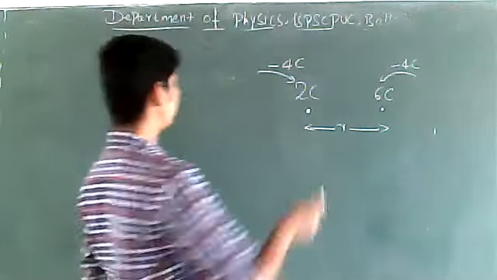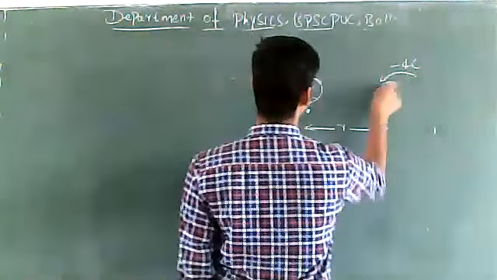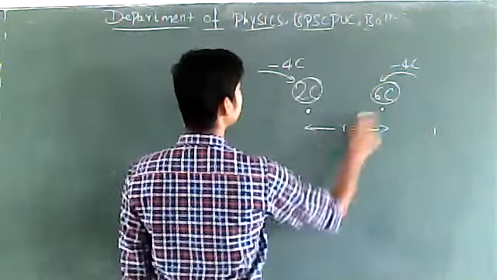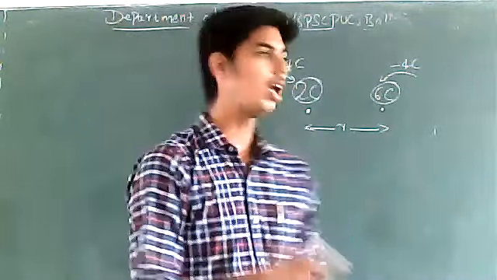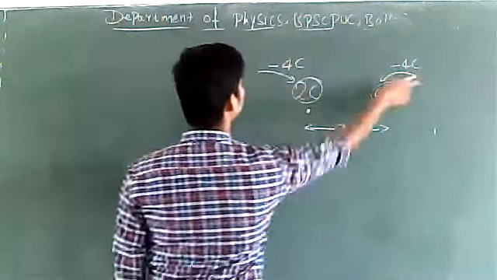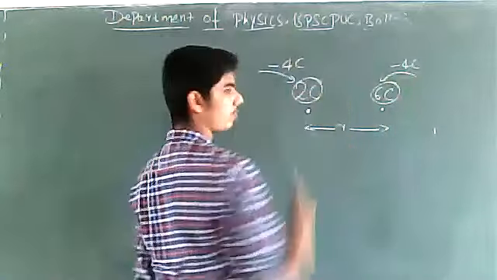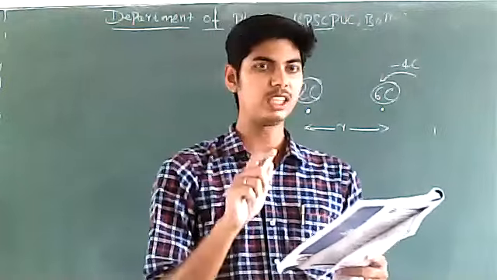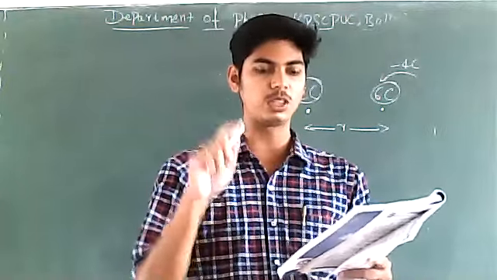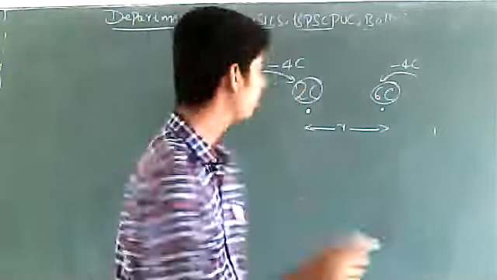See, it is said that there are two charges, 2 coulomb and 6 coulomb, separated by a certain distance r in air or vacuum. Now they are going to add minus 4 coulomb charge to each of them. After adding, the initial force of 12 into 10 power 3 Newton will change to what?